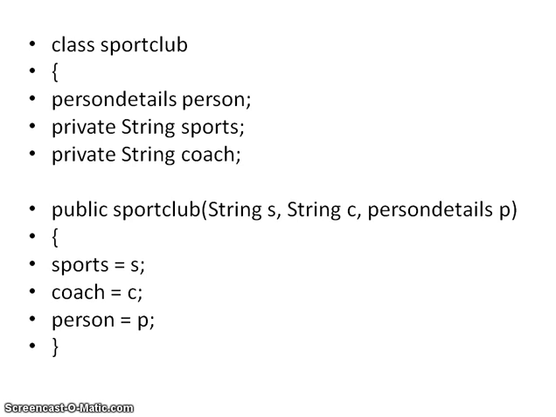Again I am initializing two variables here, one is sports and one is coach, and here I am taking a constructor of this class, and it has three parameters, s, c and p. The value of s I am going to assign to sports, the value of c to coach, and the value of p to the person.